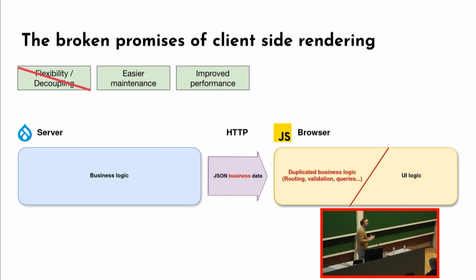Why? Because we are sending business data to the browser. JSON API is sending business objects: articles, products, fields, users. So we need to process this business data with business logic in the browser. Okay, so it doesn't work.